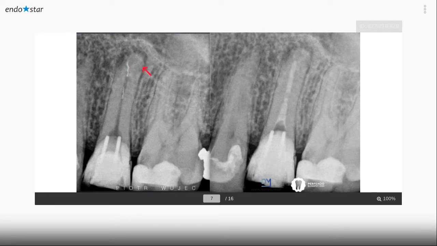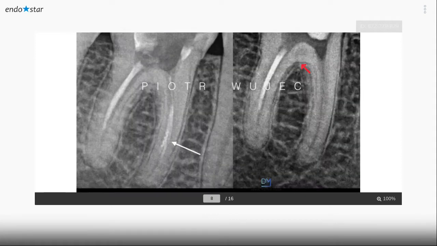On this post-op radiograph, we see a calcium hydroxide paste inside, because sometimes as an endodontist, I'm asked by the general practitioner just to do the removal protocol and prepare the canal, and the general practitioner will finish the case in their office.